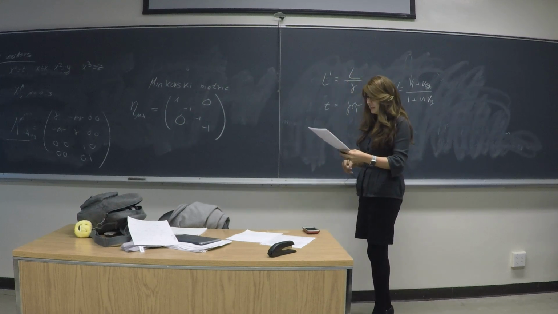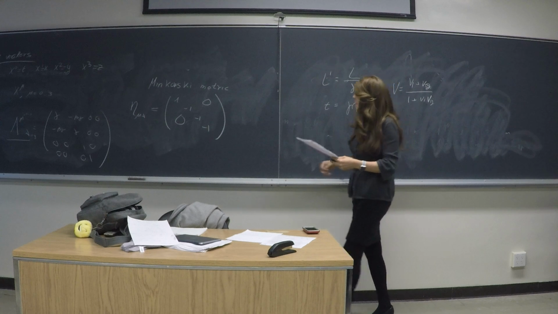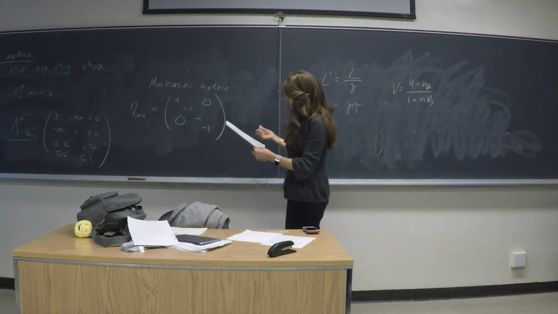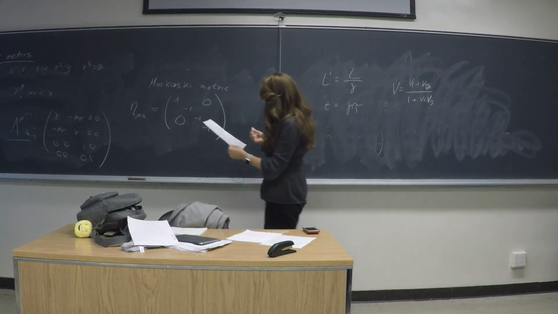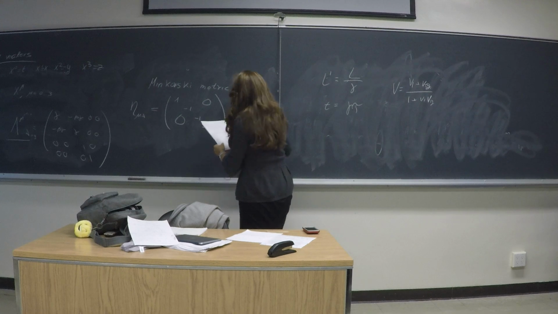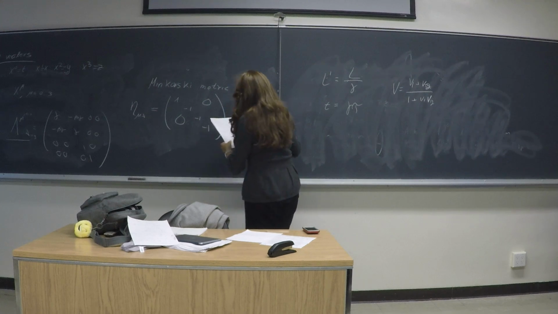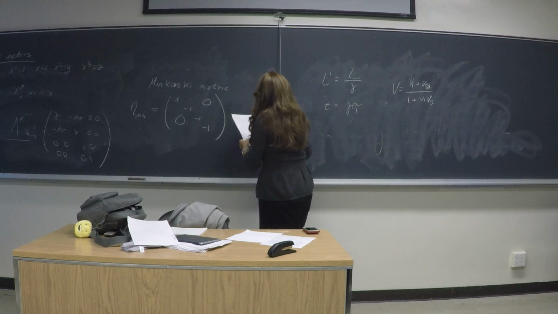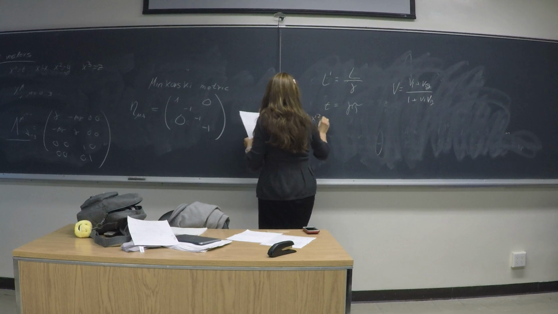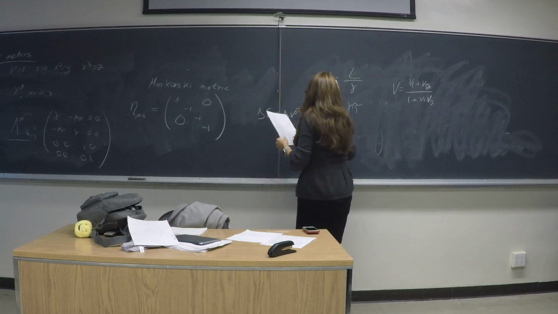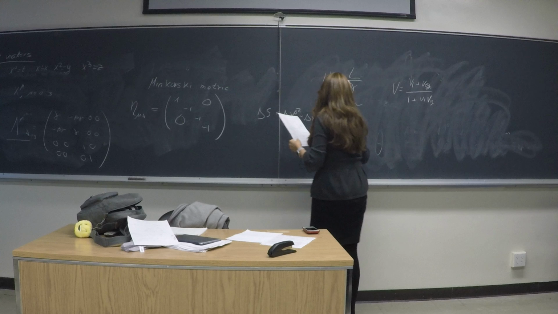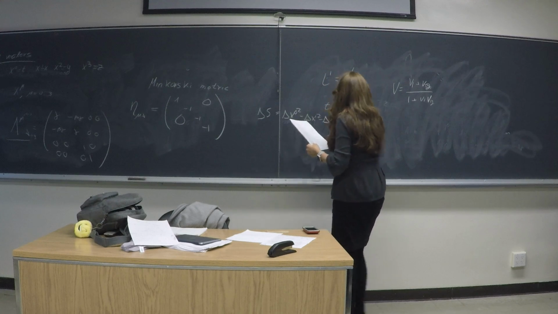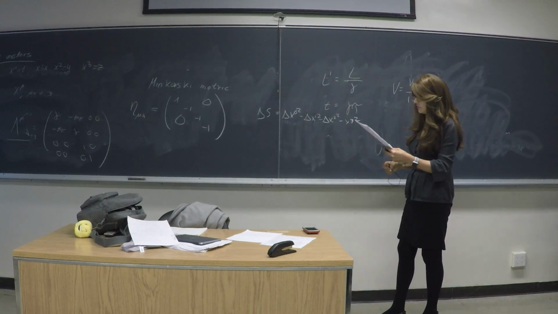Just be consistent. Now, if I use this metric, you remember from the proper time that delta s squared would be delta x0 squared minus delta x1 squared minus delta x2 squared minus delta x3 squared. I think you remember that.